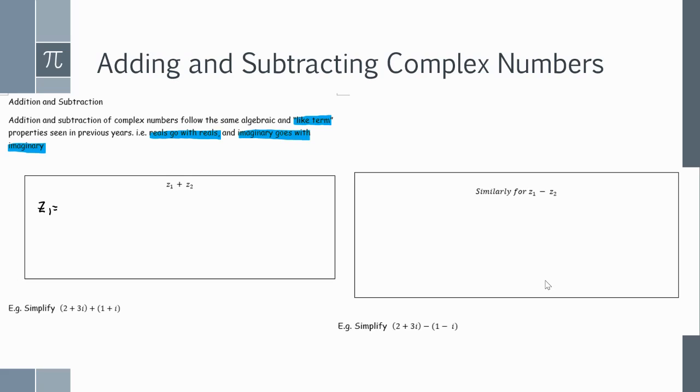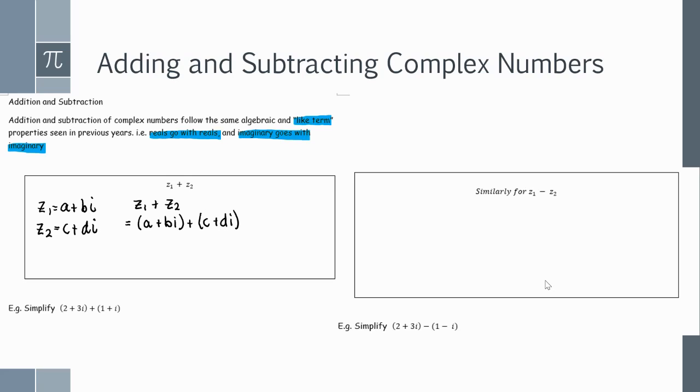For instance, if you have a complex number z1 equals a plus bi, where a and b are just real numbers, and z2 equals c plus di, where c and d are just real numbers, to add them together, this is what we do. Firstly, write both the numbers out and put a plus sign in the middle. You can put brackets in to keep them separate for now.